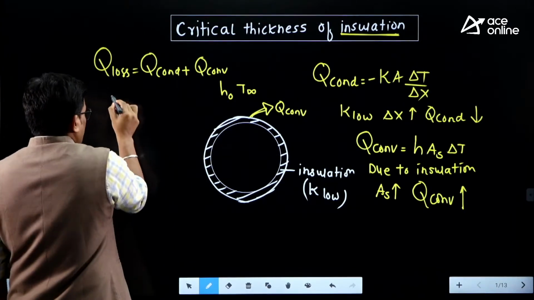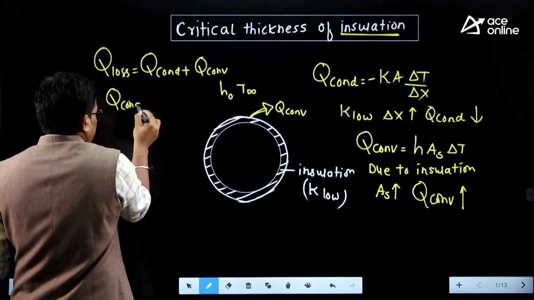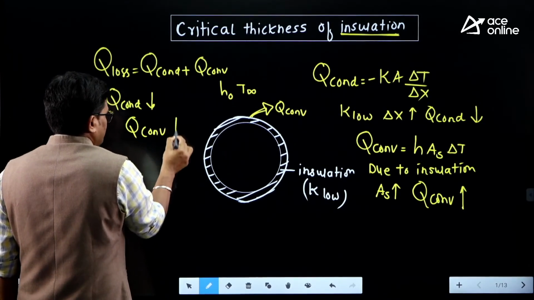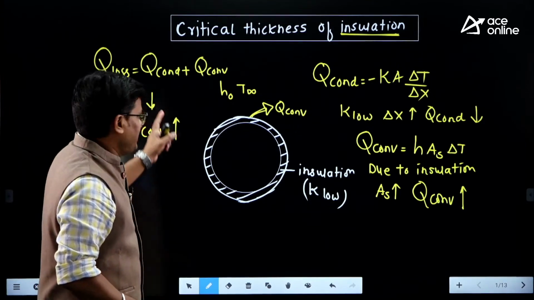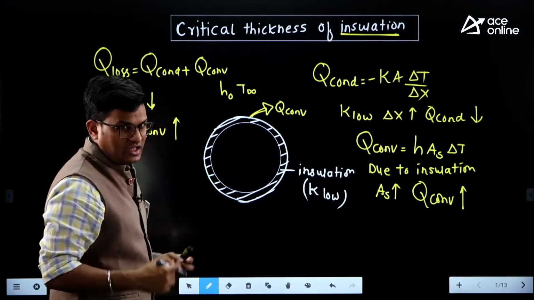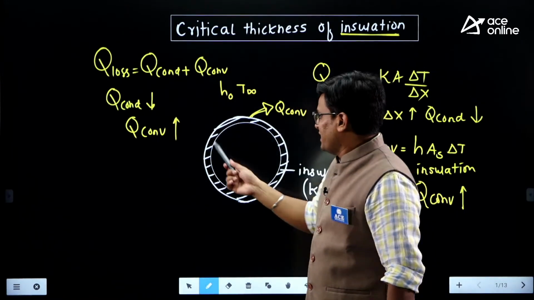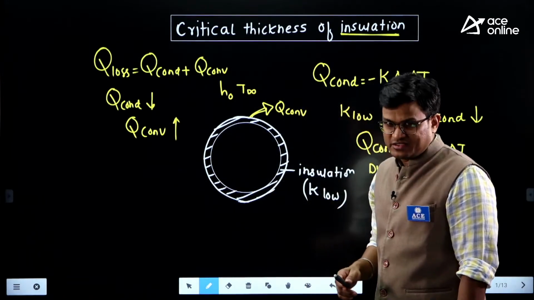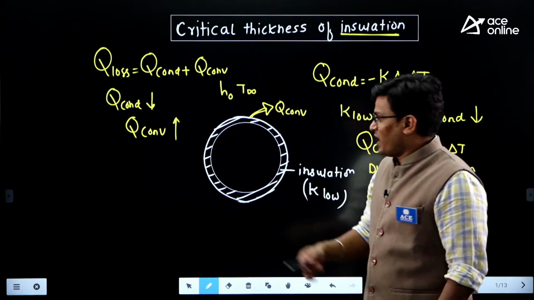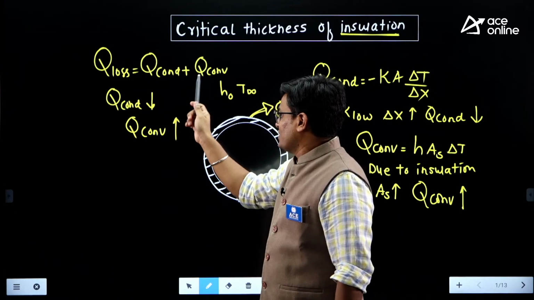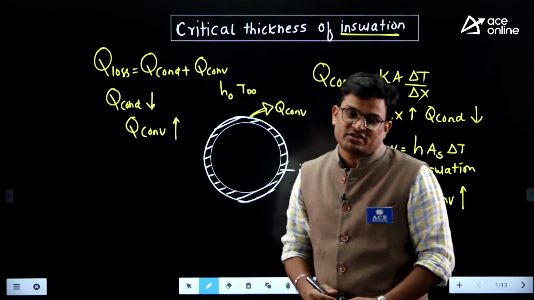Now Q conduction is decreasing, of course, but Q convection is increasing. If I ask you whether the heat loss from the body is increasing or decreasing, then you don't have any answer. Why? Because conduction is decreasing, convection is increasing, and we don't know the magnitude of the increment and decrement.